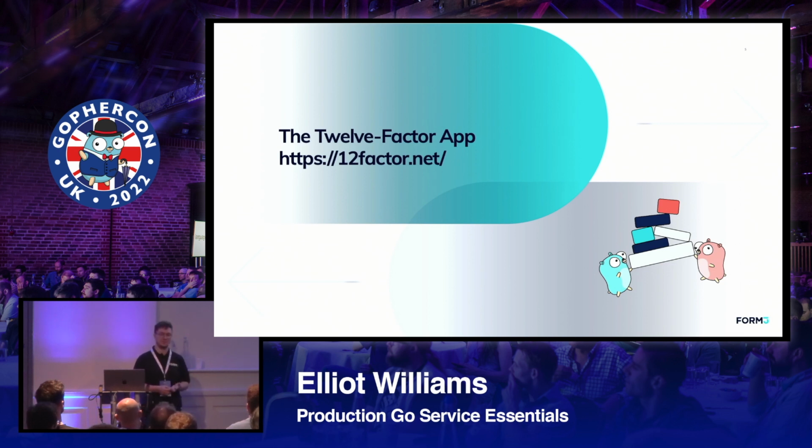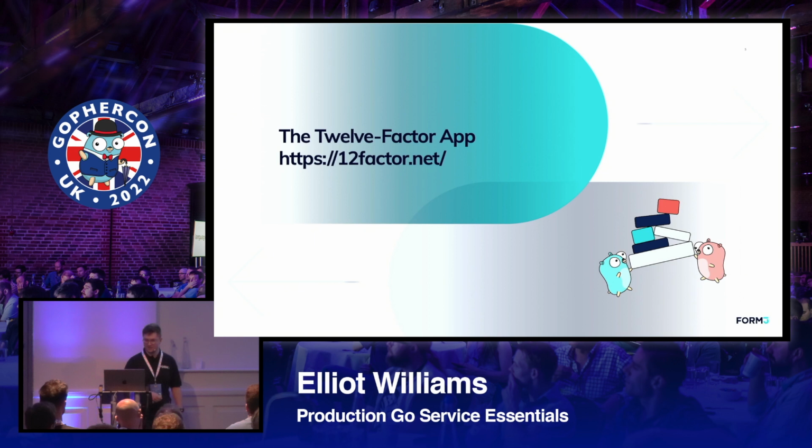This was written by Adam Wiggins, and I think the last major update was in 2017, so I think things have moved a little bit since then, but I think it's still a really useful foundation for us to talk about. There's some bits of it I agree with, and there's some bits I don't agree with too much, but we'll get into that in a bit, I guess.